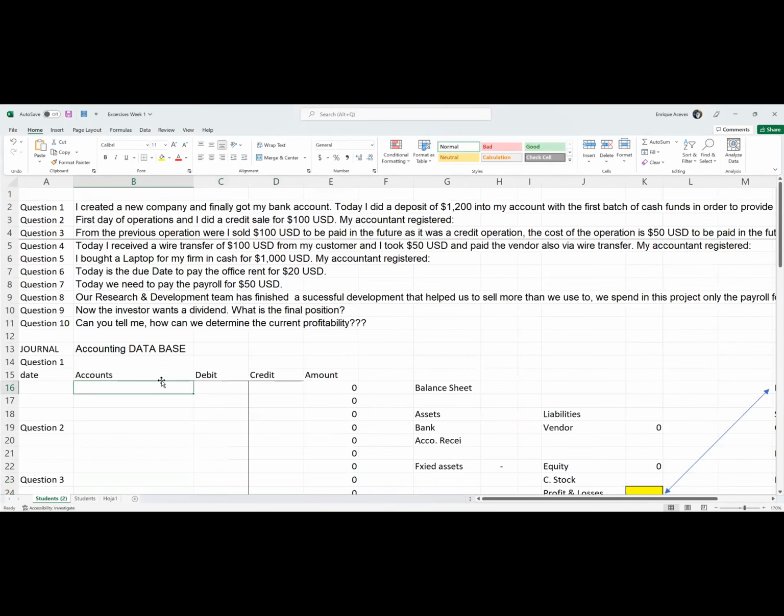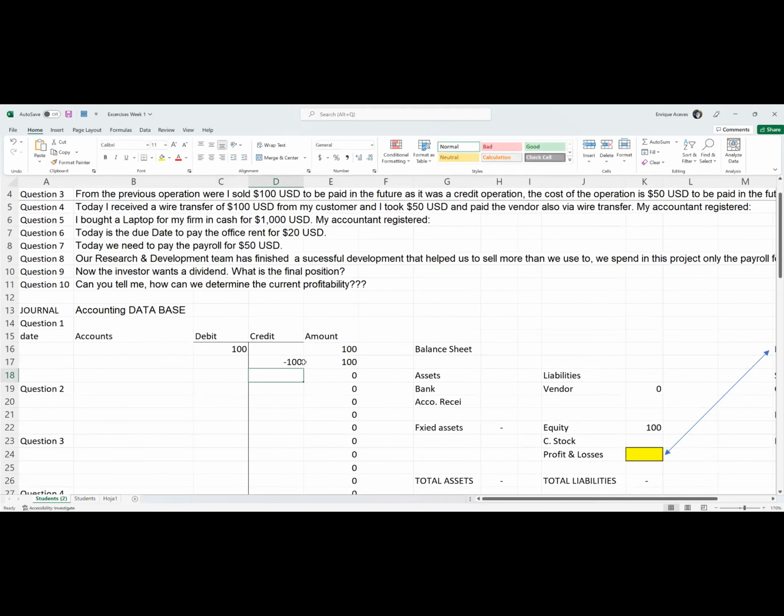The general rule in accountancy, guys, is called principio de partida doble, double entry. For every debit transaction, you will have a credit in the opposite sign. For every debit, you will have a credit, and for every credit, you will have a debit in the opposite sign. So if we have an accounting record of 100, you will have an accounting record of minus 100, and the sum of both, obviously, will give you 0.